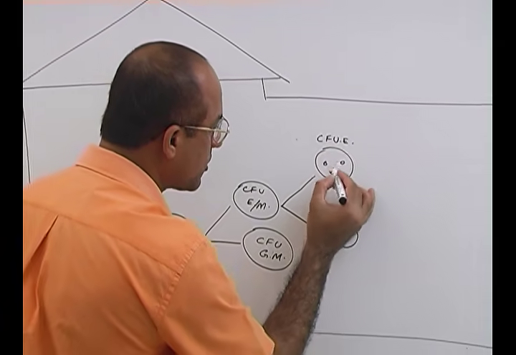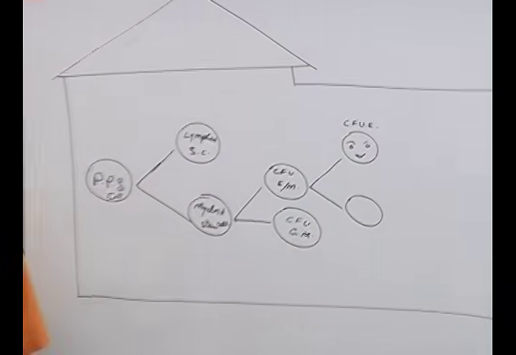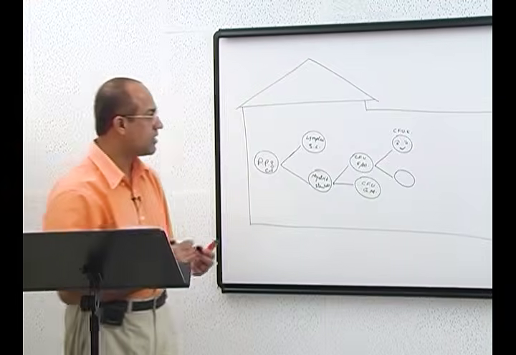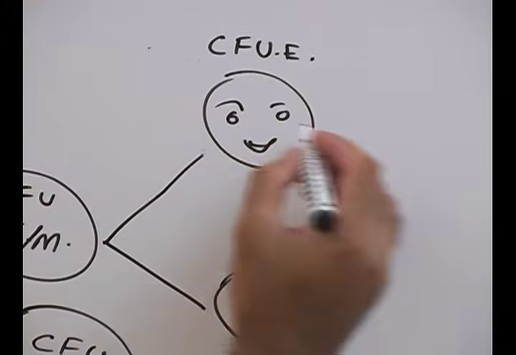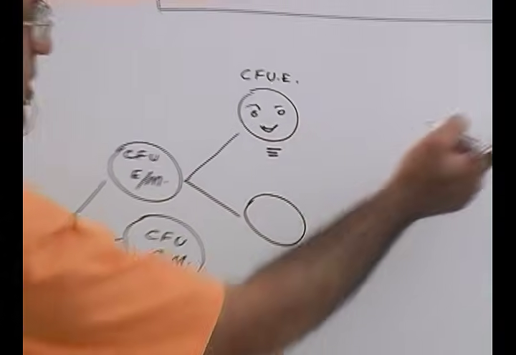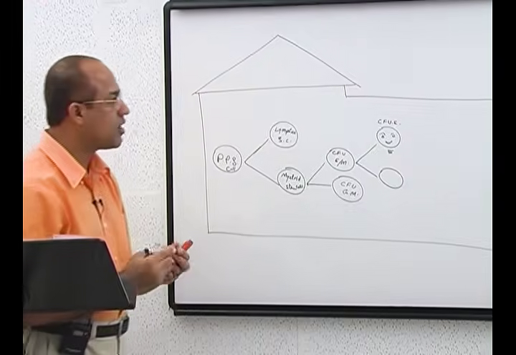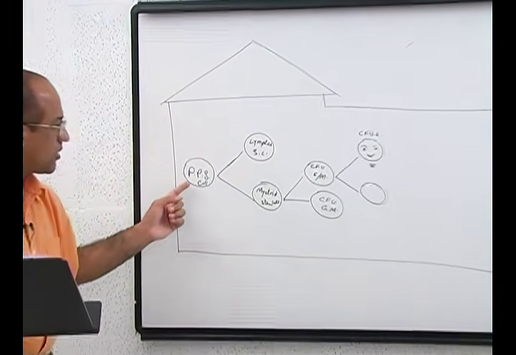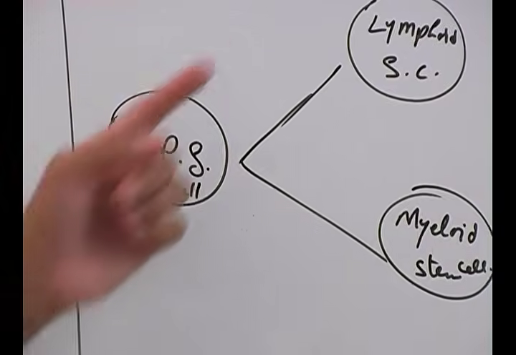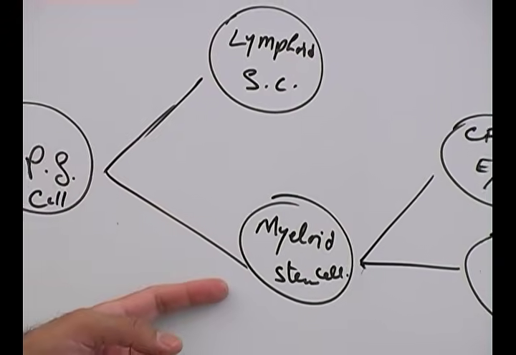This is the happy cell from which we are going to derive RBCs. This is the cell we will concentrate on, whose progeny or derivatives will eventually become red blood cells. But where is this cell coming from? Let's go back. The pluripotent stem cell divides into lymphoid stem cell and myeloid stem cell.